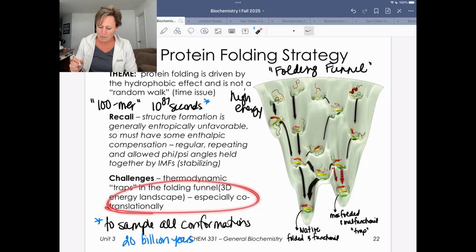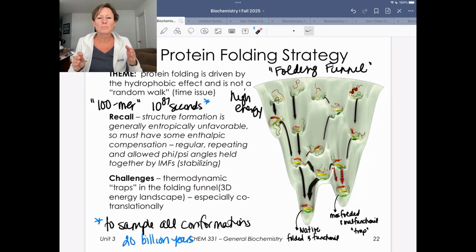And this is especially problematic when we think about folding proteins co-translationally as they're being synthesized by the ribosome. But I hope I've given you a couple of examples with insulin, and we're going to talk about a couple of other proteins that have to do with thinking about misfolding as it relates to disease in a subsequent video.